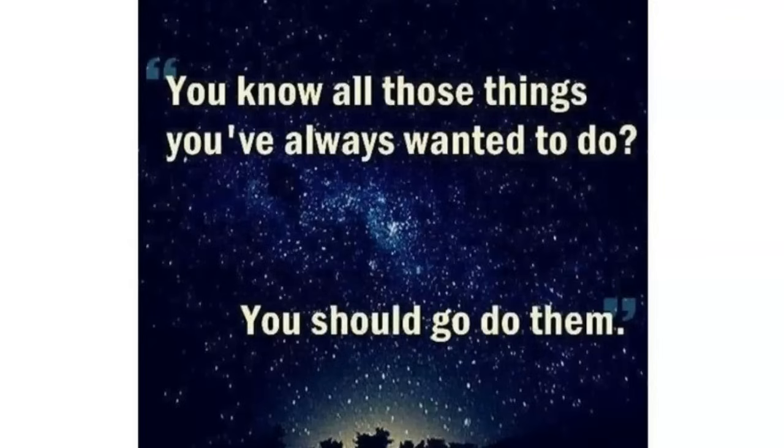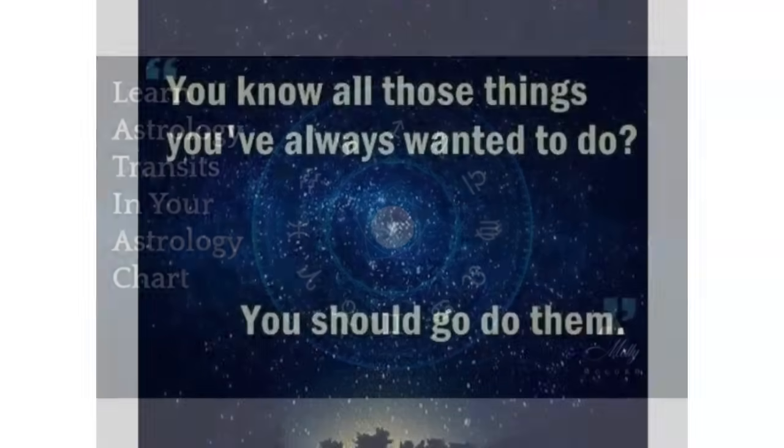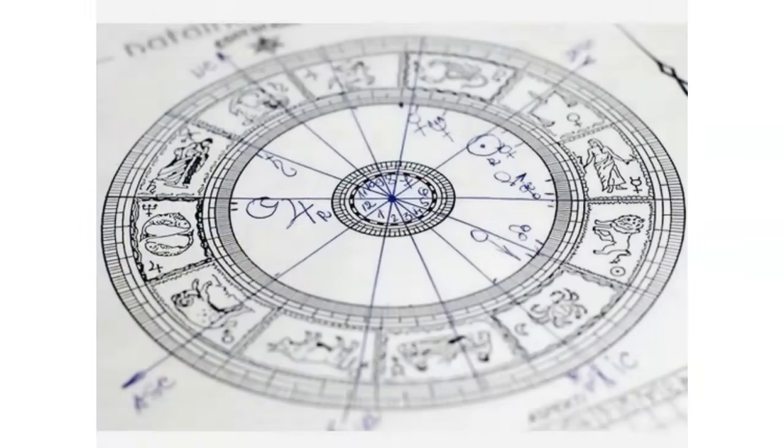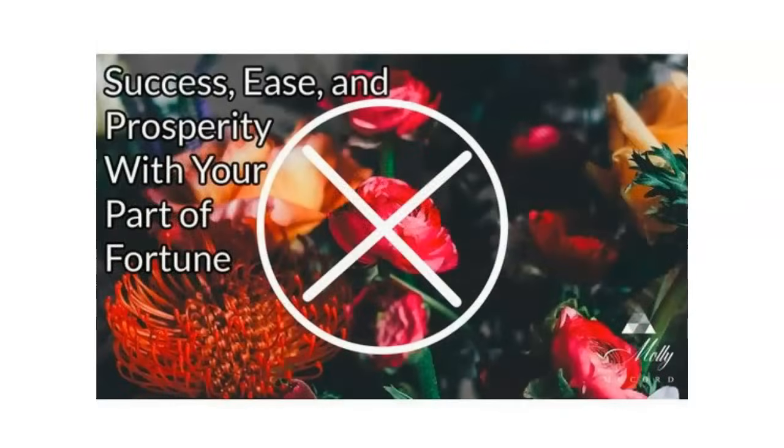So it will depend on what the polarity axis might be. As I mentioned earlier, if your part of fortune is at 28 degrees of Scorpio, then the opposite point would be 28 degrees of Taurus. And you would take the best expression of Taurus and the best expression of Scorpio and see how they merge together to co-create something new through the oppositional aspect.